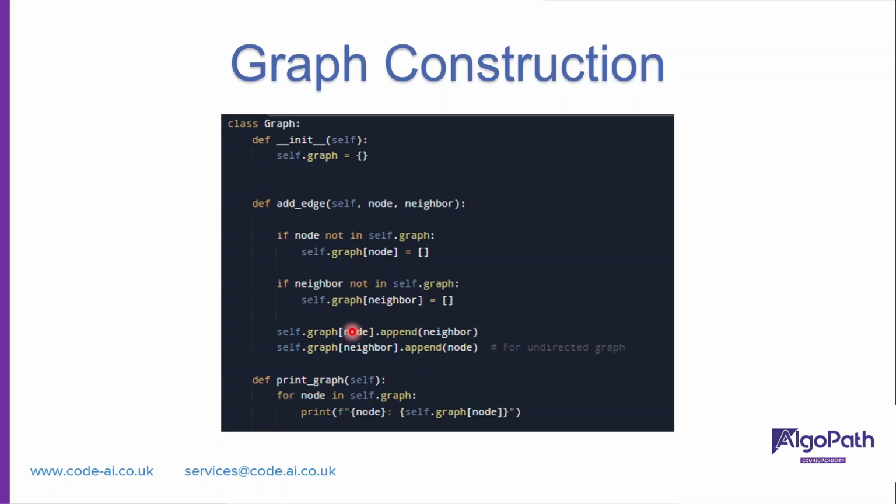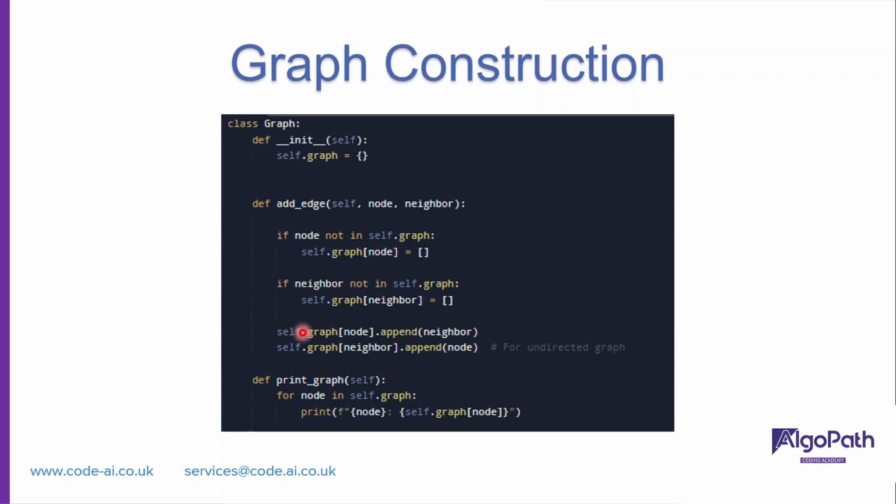Basically, we are creating the edge or the connection between node and neighbor both ways. So if we wanted to create a graph that is directed, we would not do the second part. We would not create an entry for this neighbor. So that would be done for an undirected graph. Since this is undirected, the connection is for both sides. We are making an entry in the edge list for both the node and the neighbor.